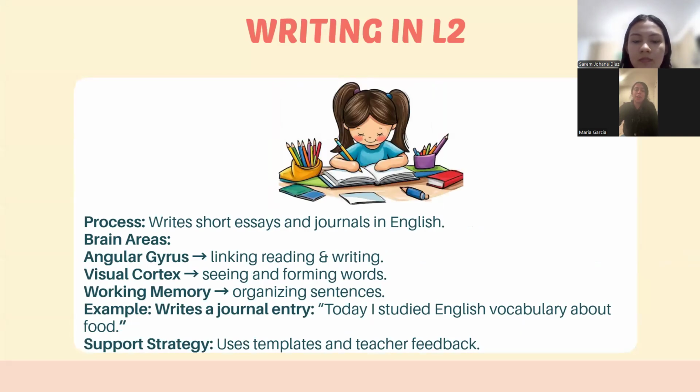Okay, now writing in the second language. When Maria writes, she uses journals or short essays. The following brain parts are involved: the angular gyrus, which connects reading and writing, the visual cortex, which processes what she sees, and working memory, which organizes her ideas.